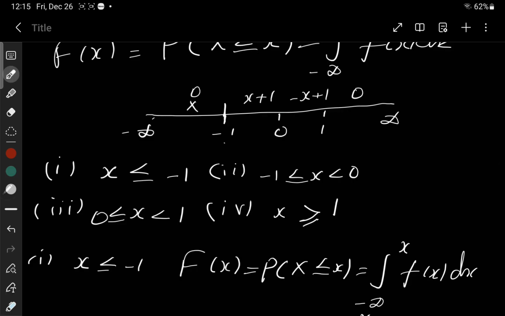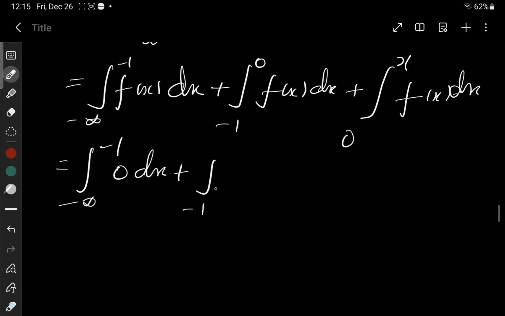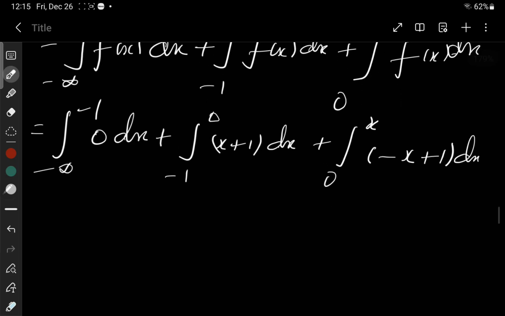Then 0 to 1, minus x plus 1. Just write that. x plus 1 dx, plus 0 to x, minus x plus 1 into dx.